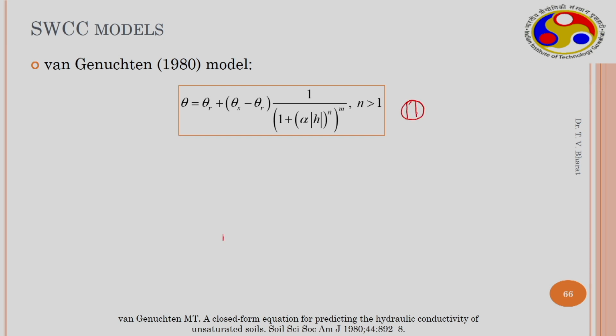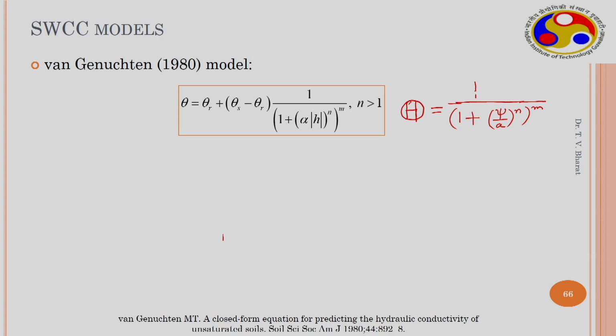So this is the normalized volumetric water content, equal to 1 by 1 plus alpha, often written as psi by a, whole power n, and this whole power m. Often this is written in this particular form in our geotechnical engineering.